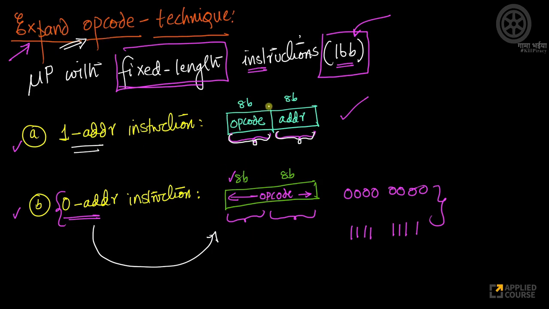For a one address instruction, the first 8 bits, not 8 bytes, are the opcode, but in the 0 address instruction, the whole 16 bits will contain information about the opcode. Let's actually solve a couple of problems so that we understand this better.